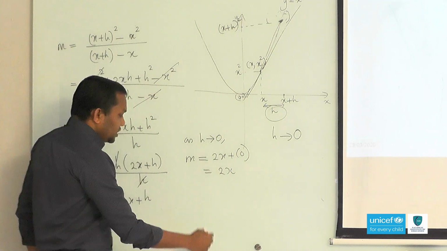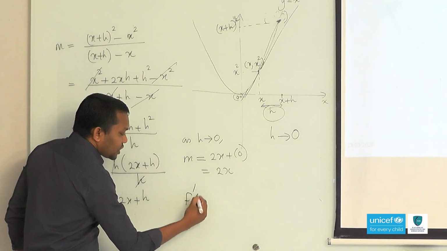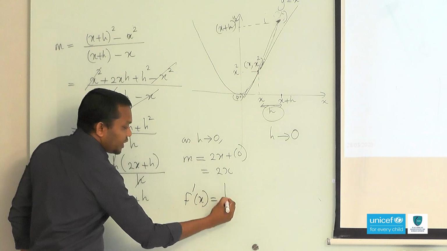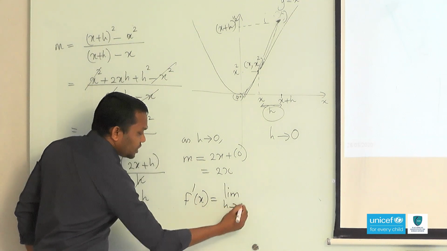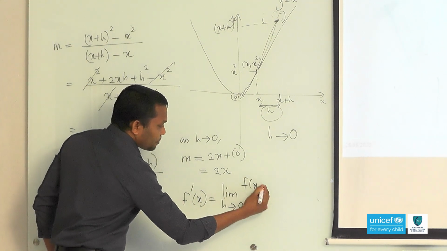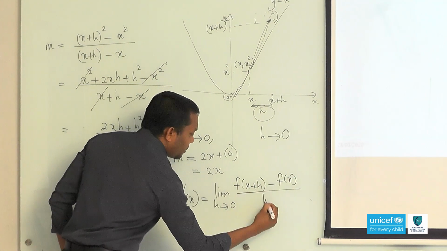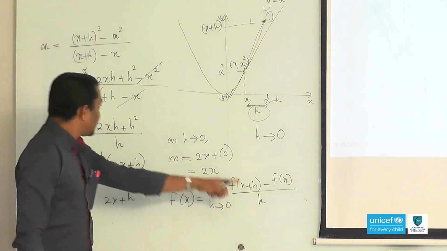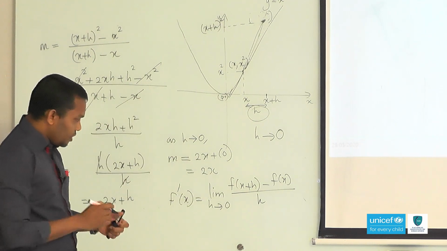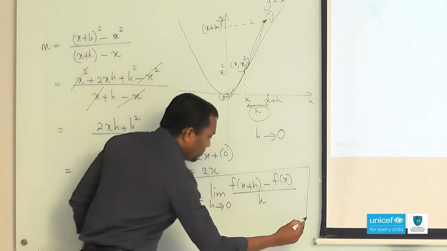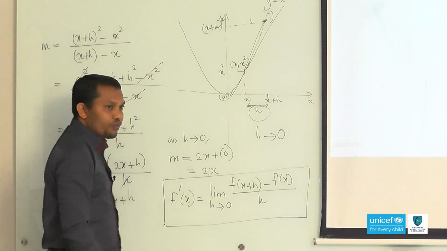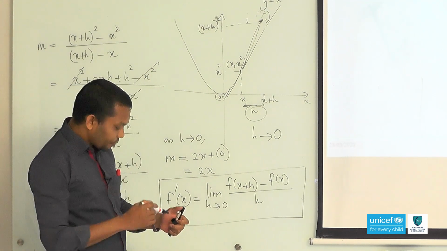We write this in general: the derivative of a function f of x is equal to the limit as h tends to 0 of f of x plus h minus f of x divided by h. We get that h after cancelling those two x values. So, that is what we mean by the derivative of the function from first principles.